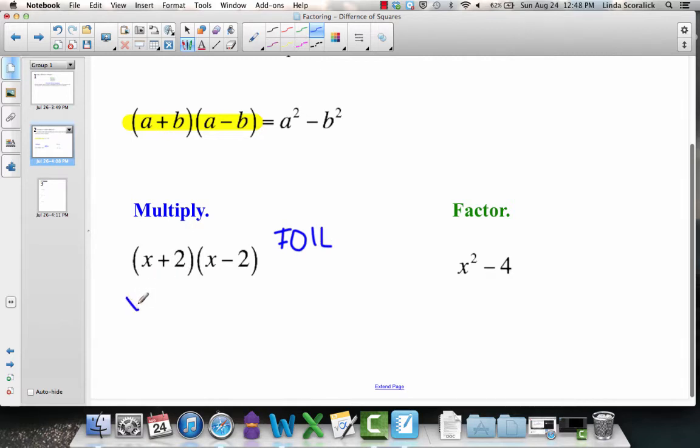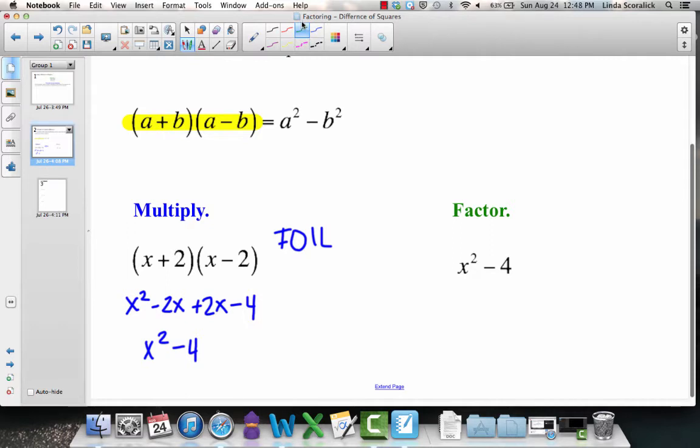X times x is x squared, x times negative 2 is minus 2x, 2 times x would give us plus 2x, and then 2 times negative 2 would give us minus 4. We can put the center two things here together because they are like terms. So combining those, we get x squared minus 4.